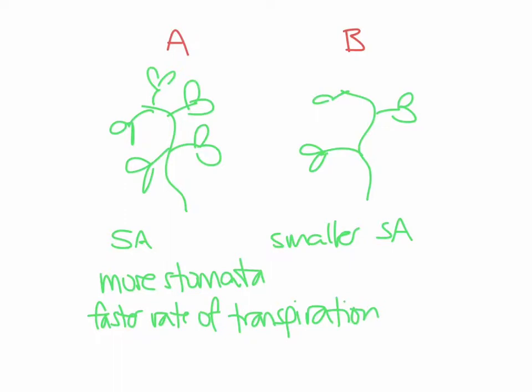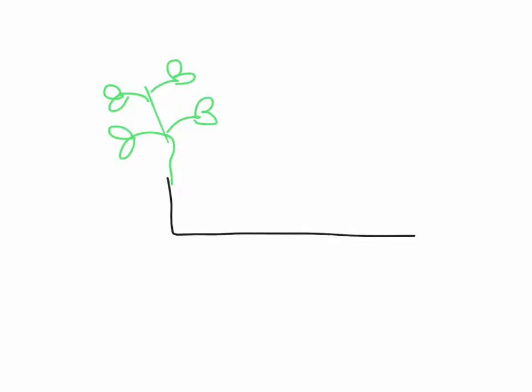How could we set up an experiment to investigate the effect of leaf surface area on transpiration rate? Now, this is what page 16 is asking you. Well, what you would do, your leafy shoot, you would put it into the potometer. And there's the bubble.